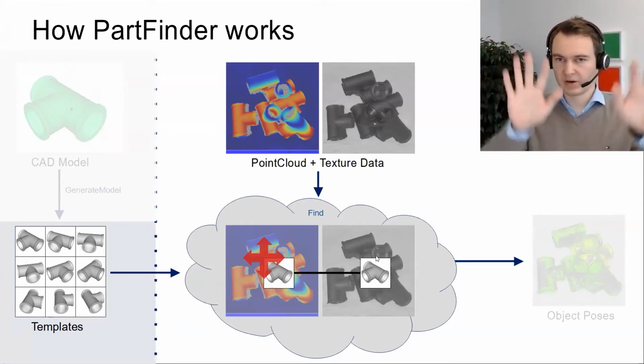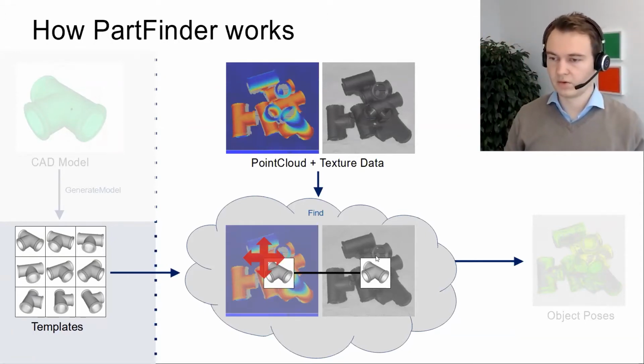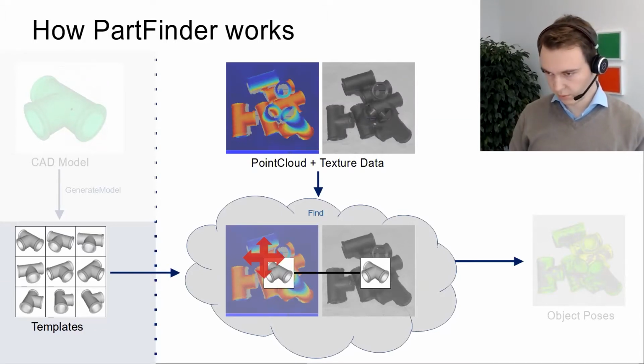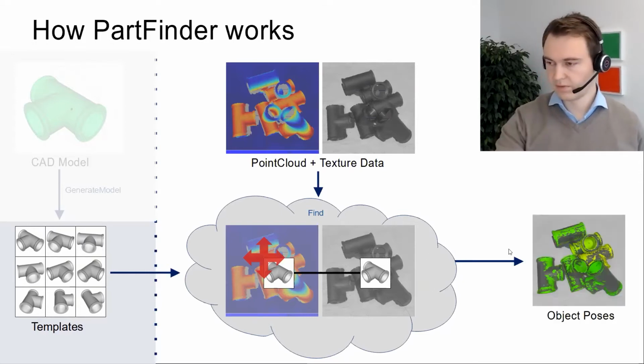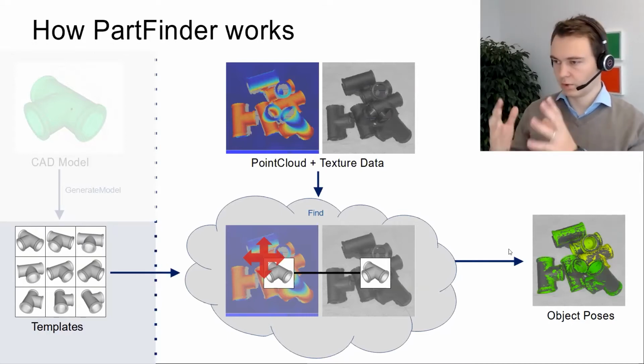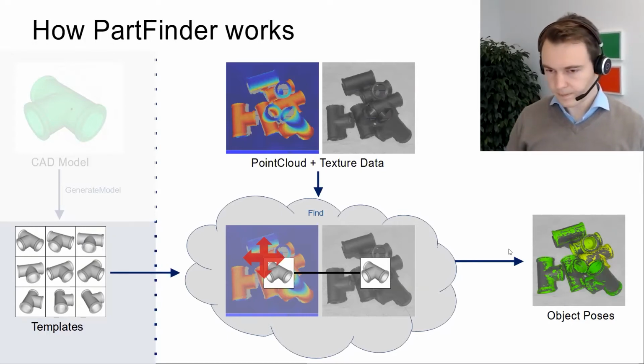So it basically compares all image parts, and then it generates good locations and poses. Then, which is not shown here in this picture, there's a pose refinement step afterwards. And then finally, we output the object poses, which will then nicely fit your point cloud.